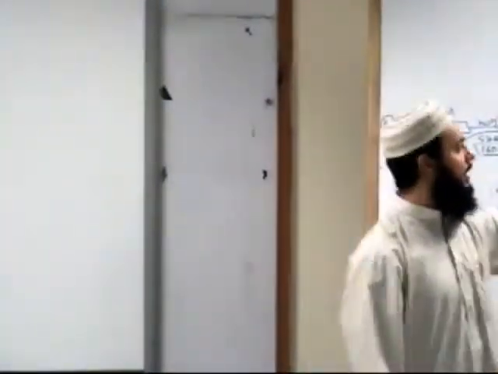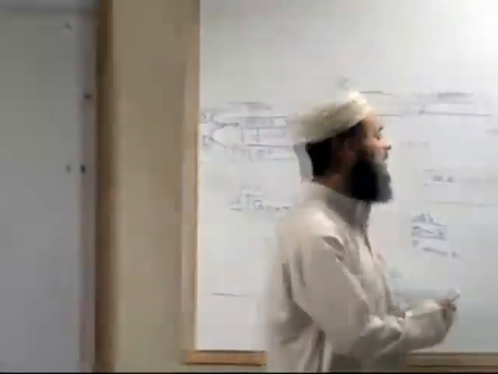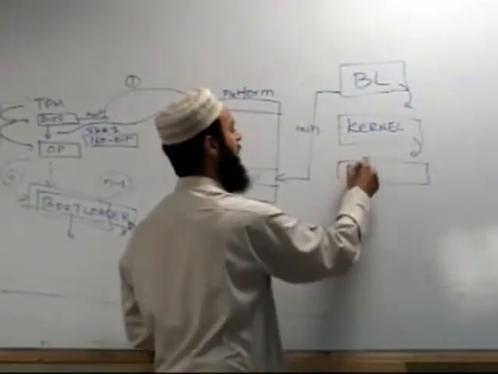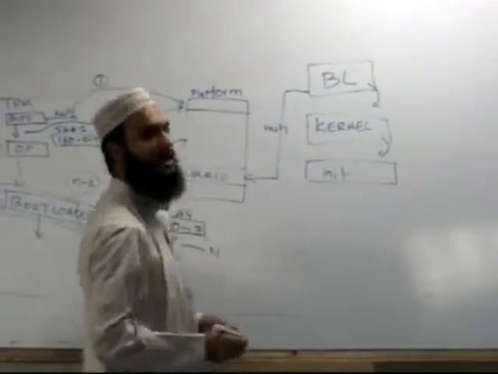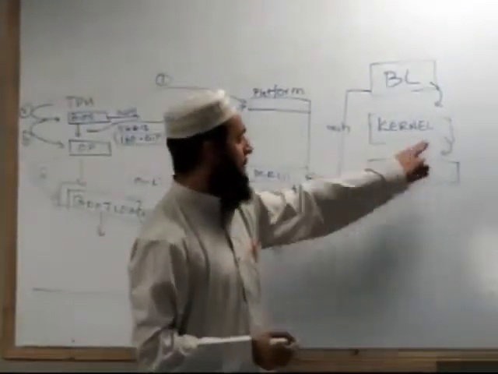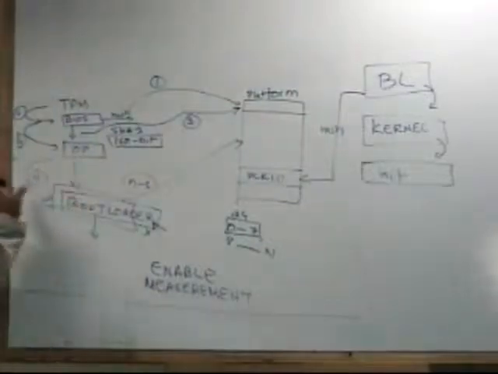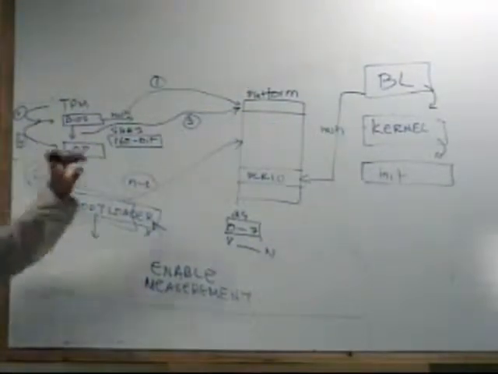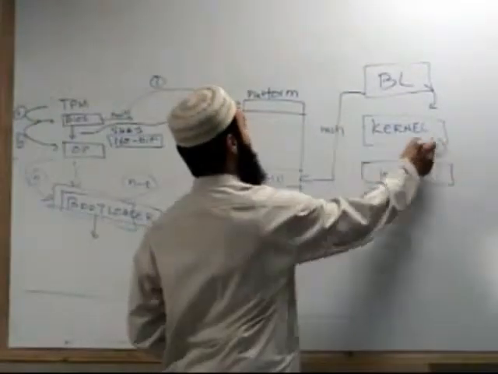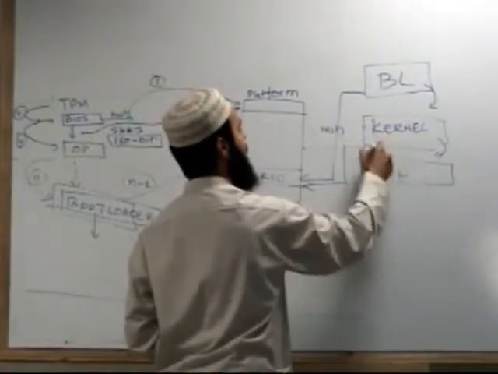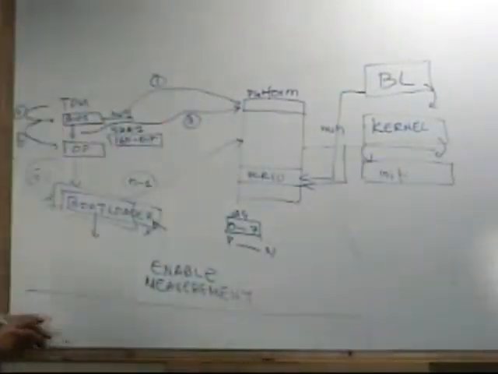Now the kernel is modified so that whatever it loads, for example, init, the first initialization script, it first measures init and then passes control on to it. The same thing that was going on here, right? It measures init, stores the hash here, and then passes control on to it.